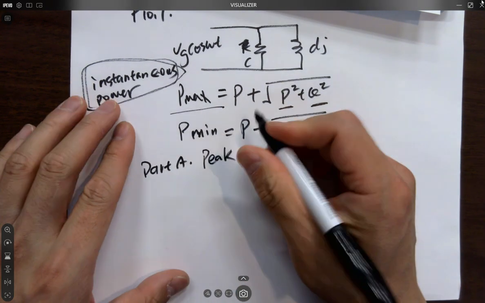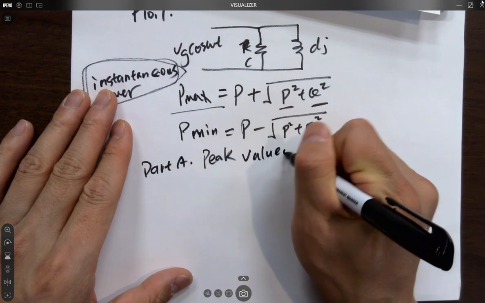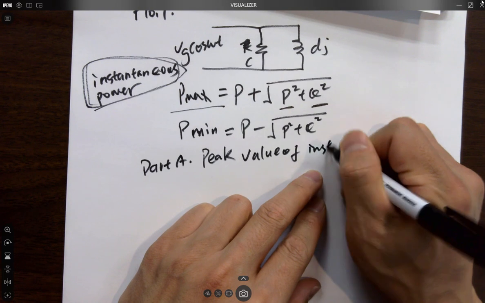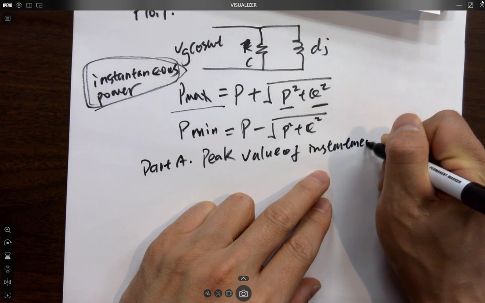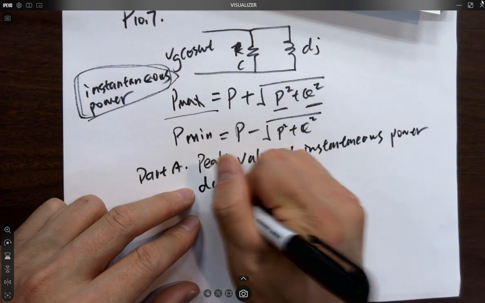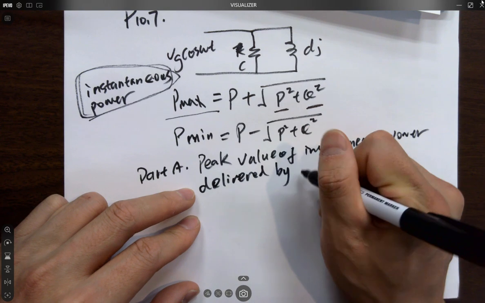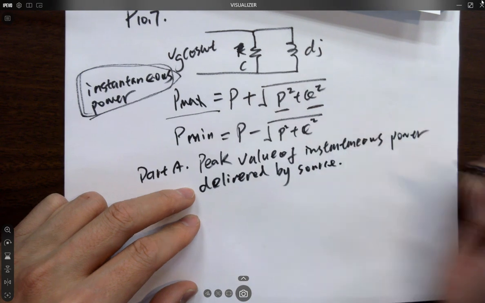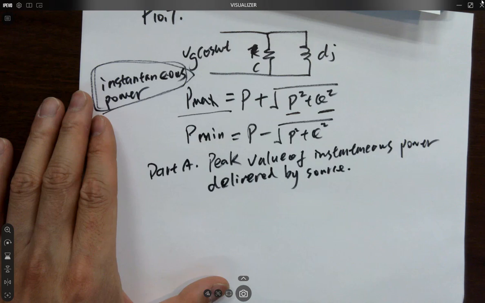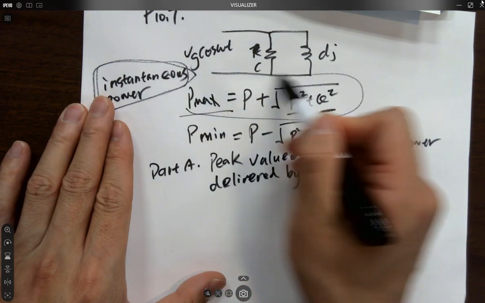Peak value delivered by the source. Use this one to calculate it, right?